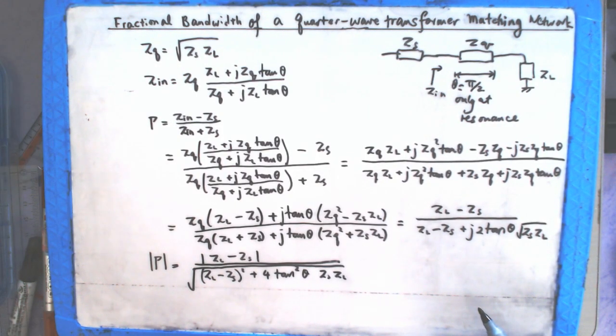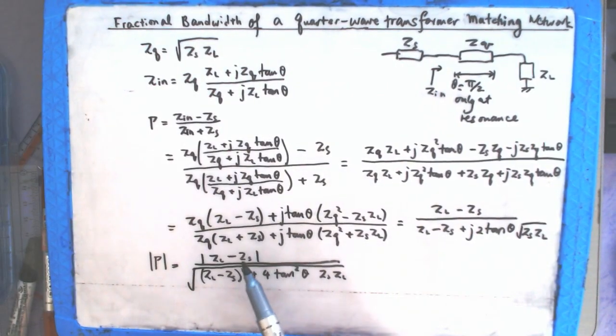And now there's a trick. What we need to do is to divide the top and bottom by ZL minus ZS.